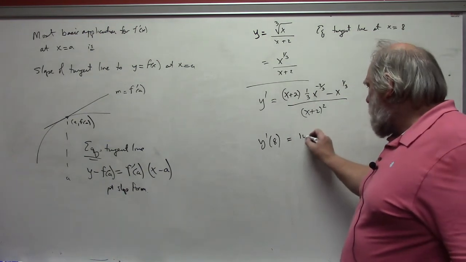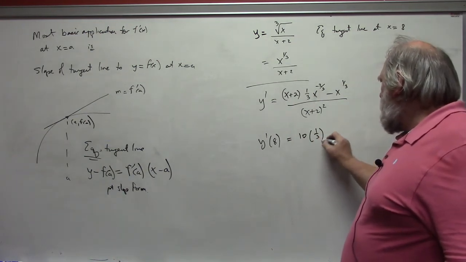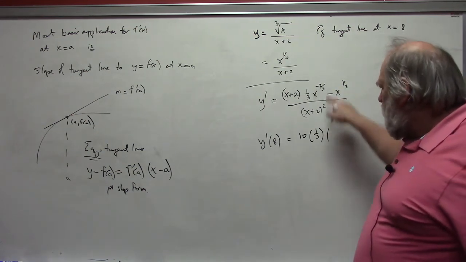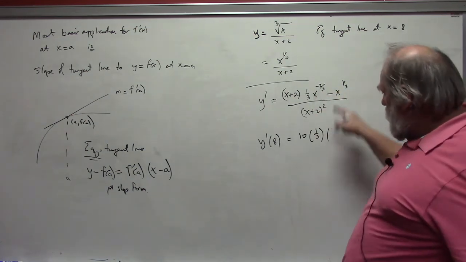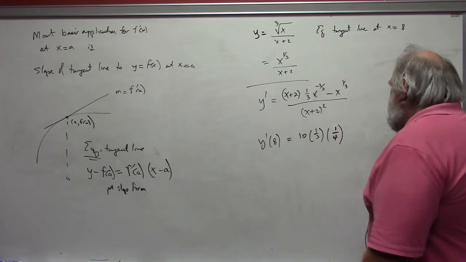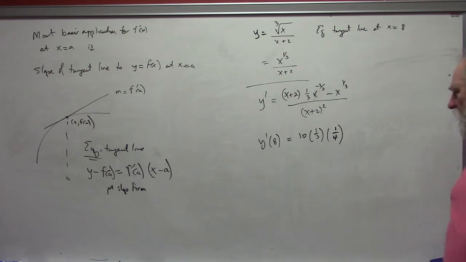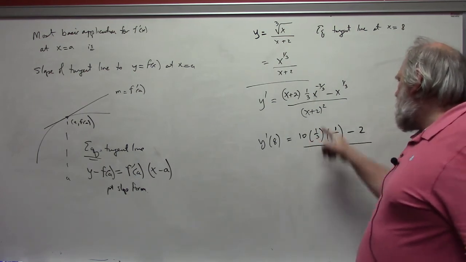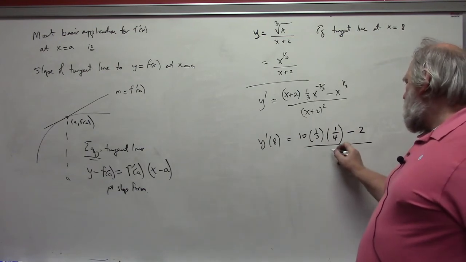And so this becomes 10 times 1/3 times, well, 8 to the negative 2/3 would be the cube root of 8, which is 2, to the negative 2 power, which is 1/4. 2 squared is 4, the negative makes it 1/4. Minus the cube root of 8, which is 2, over 10 squared, which is 100.